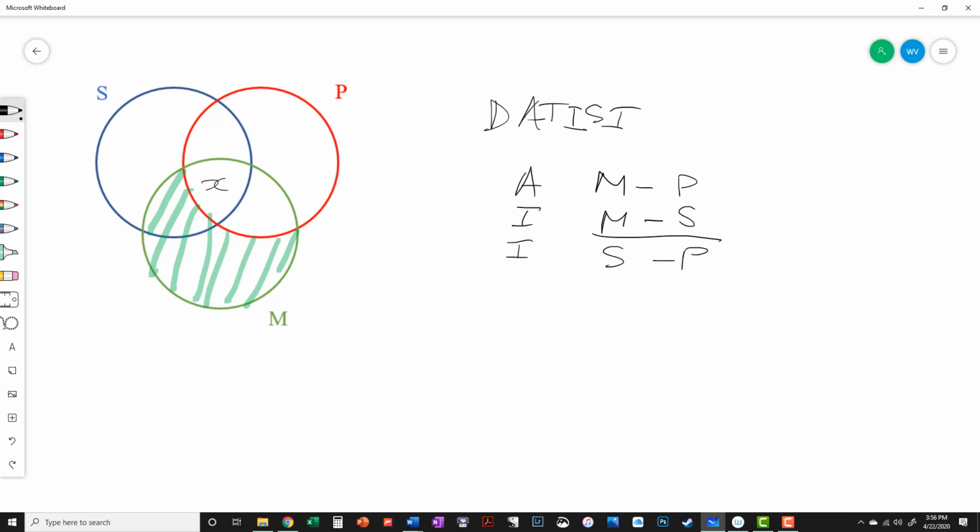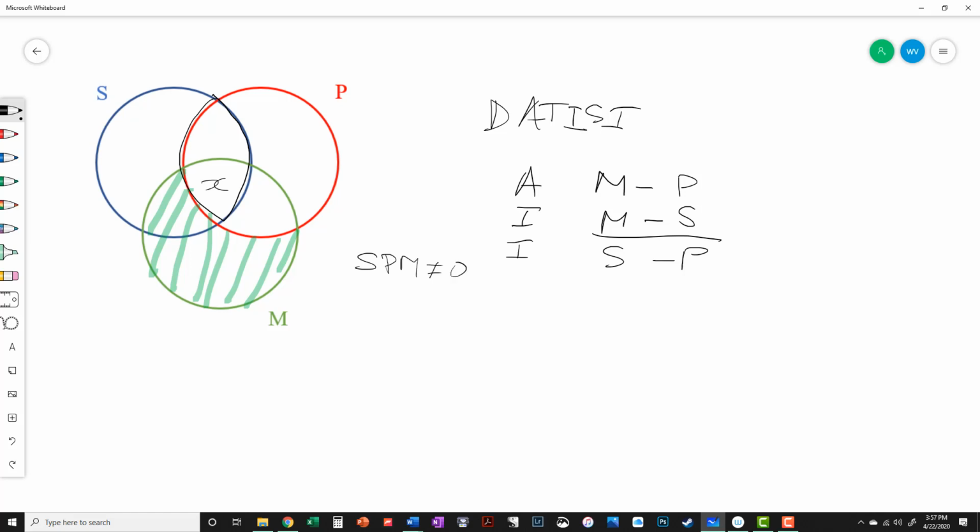Okay? Now we check the conclusion, which says that some S is P. That's the claim that this intersection is non-empty. Now if you ignore the M circle and you saw an X in there, you would say, oh, okay, good, we've already got it. But do we really have it in this case? Because actually there is an M circle. And this X is saying that there is a thing that is S, P, and M. It's in the intersection of all three regions, which we could call SPM.